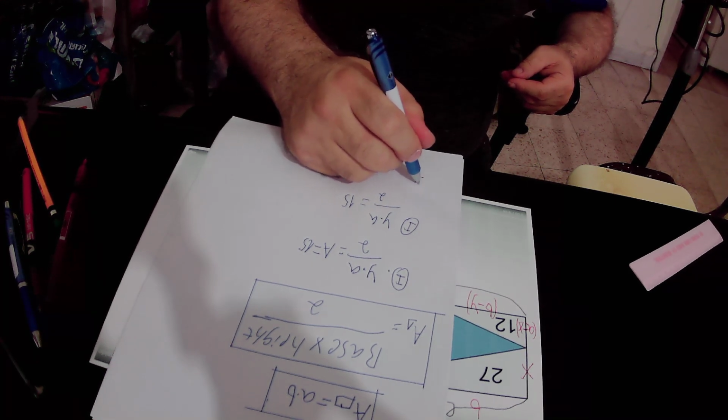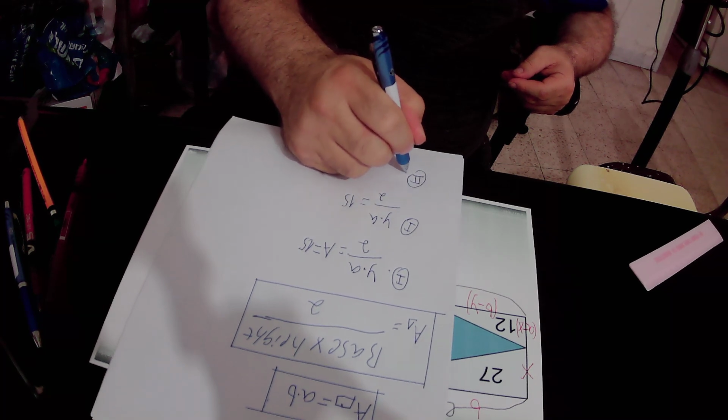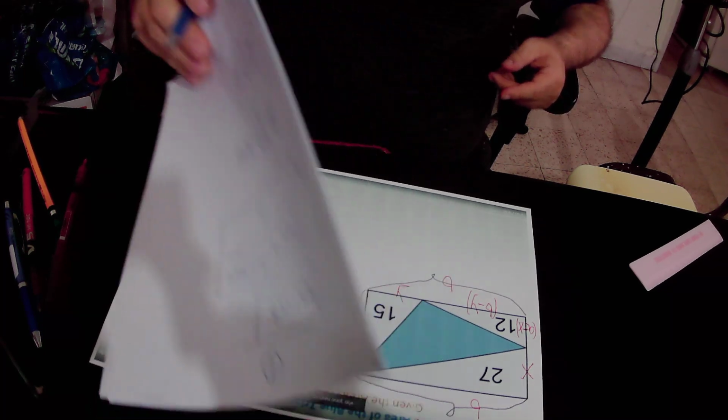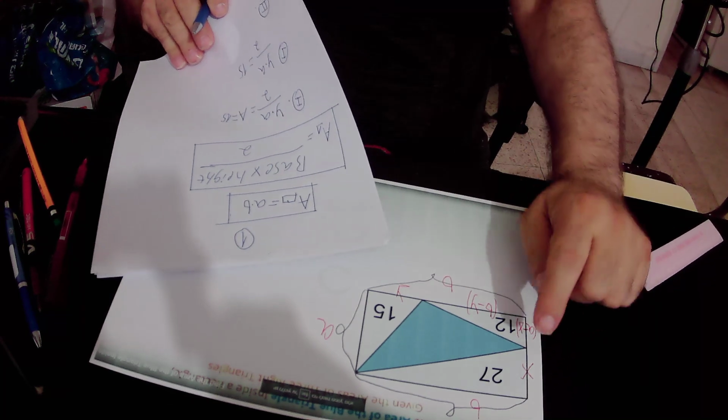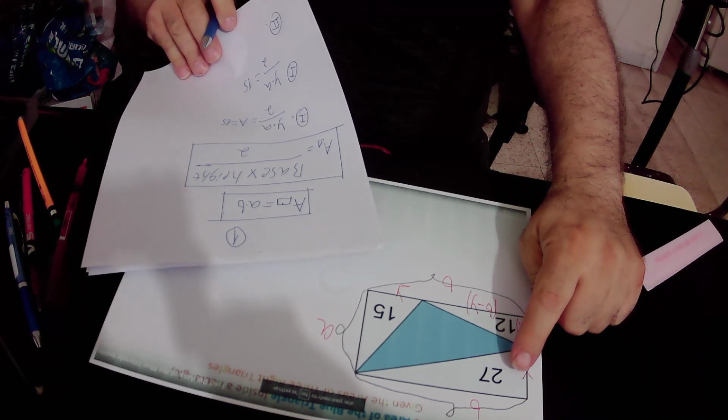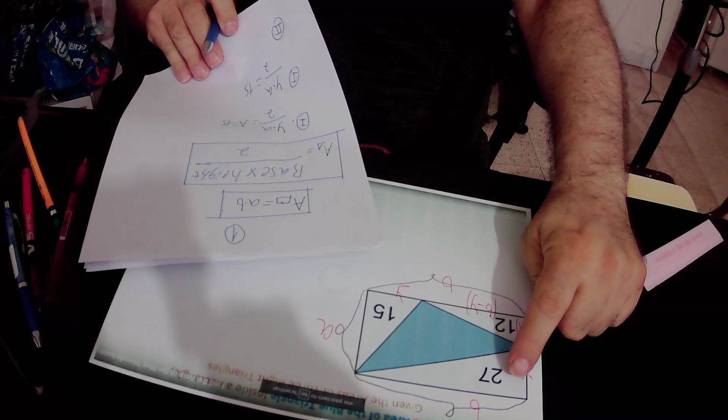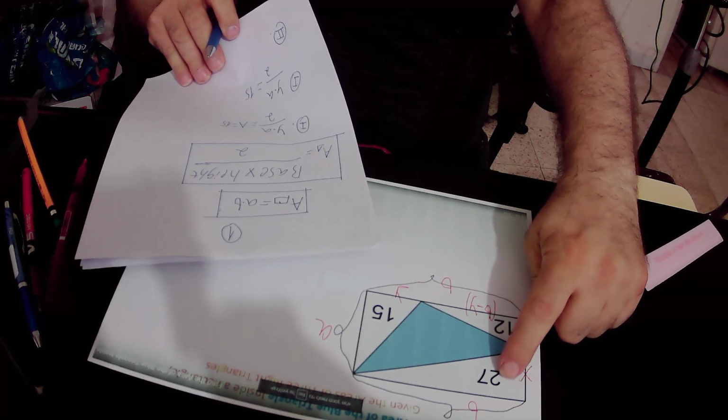Okay, we will form the formula for the area of this right triangle.